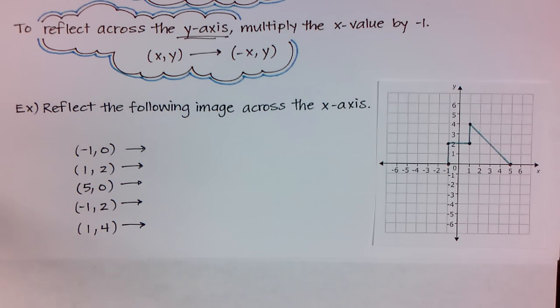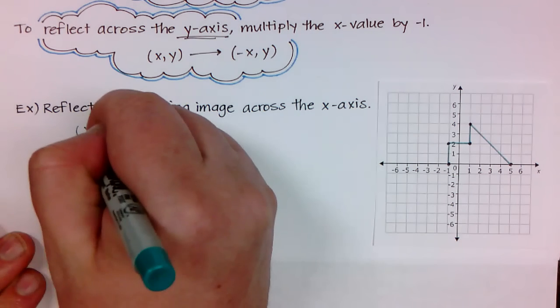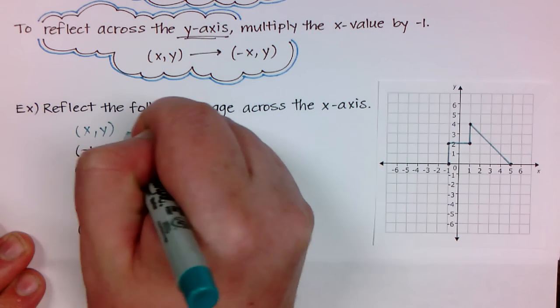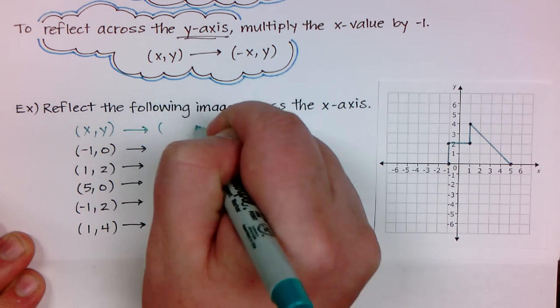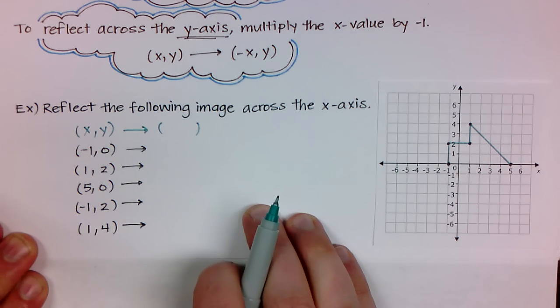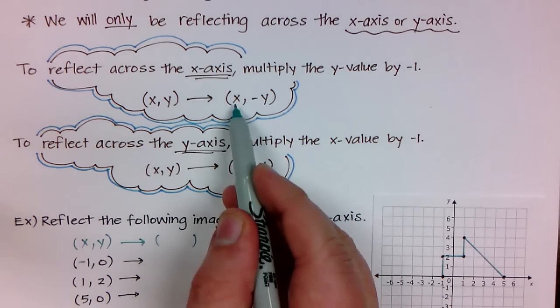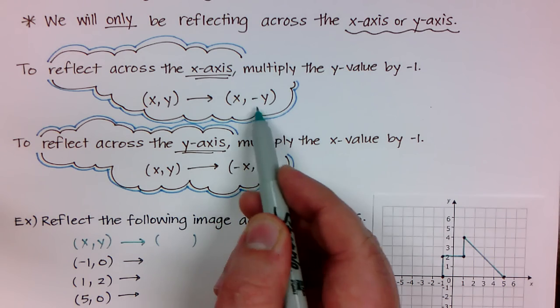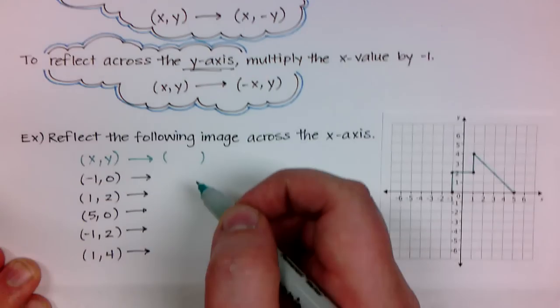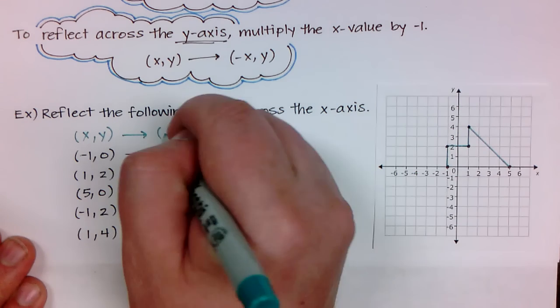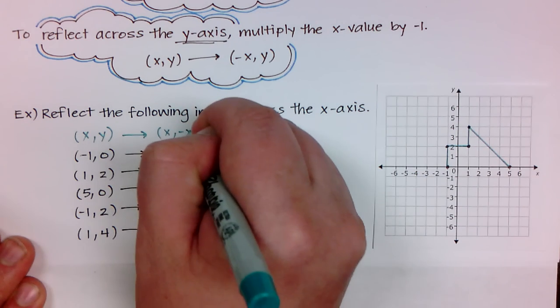So just like I did before, if I have a point x, y, I'm going to plug it into my little cheat sheet, and I am reflecting it across the x-axis. The only thing I need to do is multiply the y value by -1. So this is going to be x, -y.